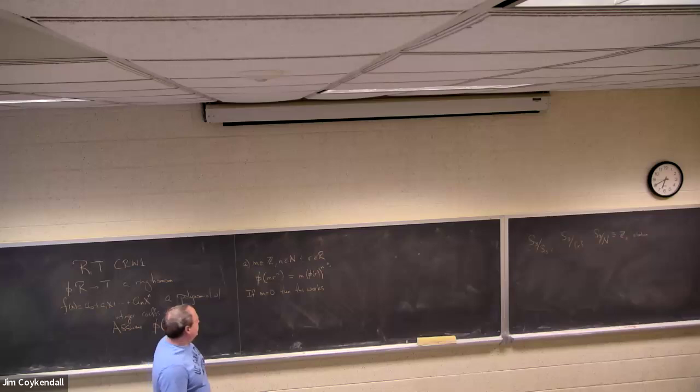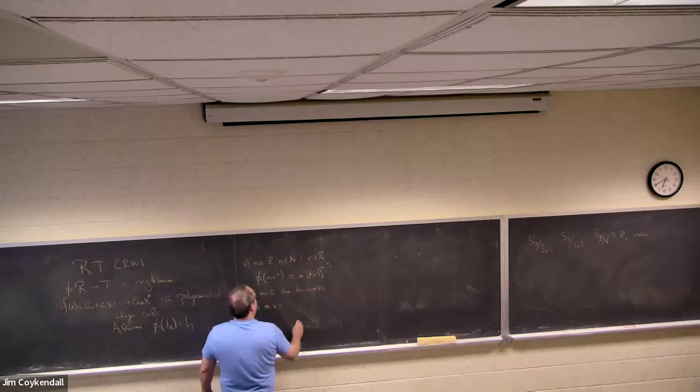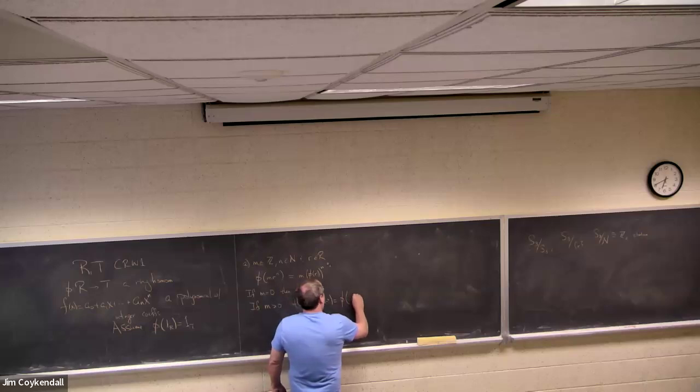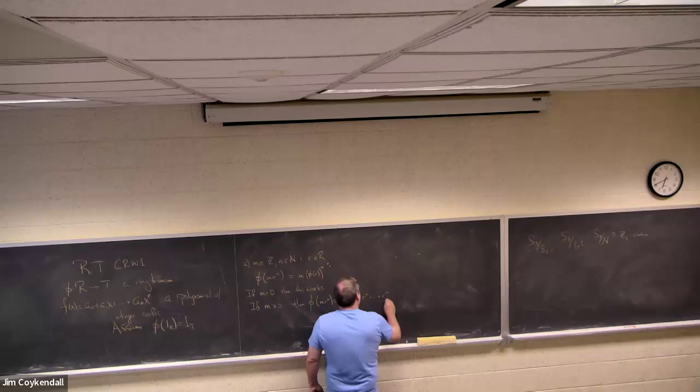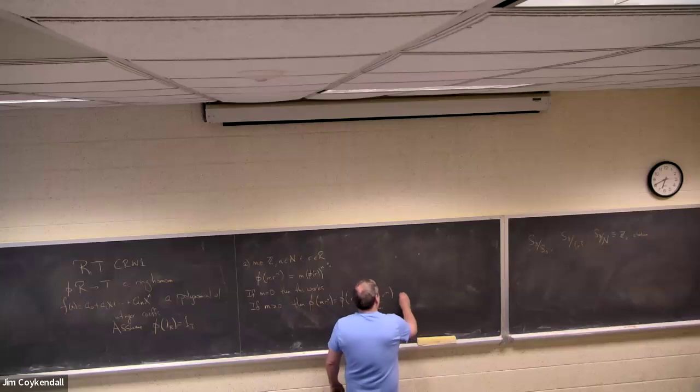Everybody agrees? If m is bigger than zero, then phi of m r^n is phi of (r^n plus r^n plus ... plus r^n), m times. Right, agree? And this is a homomorphism.